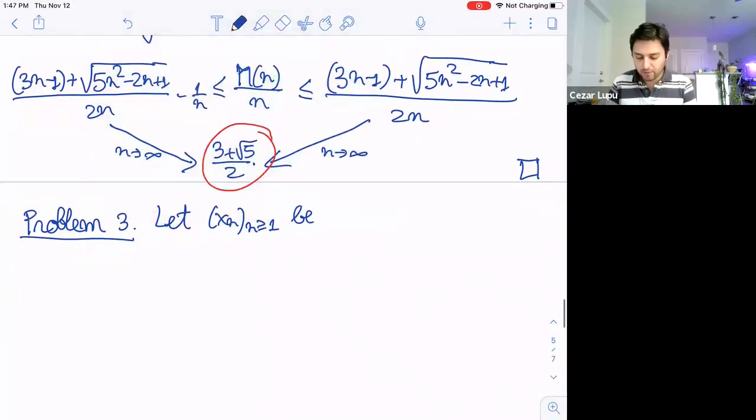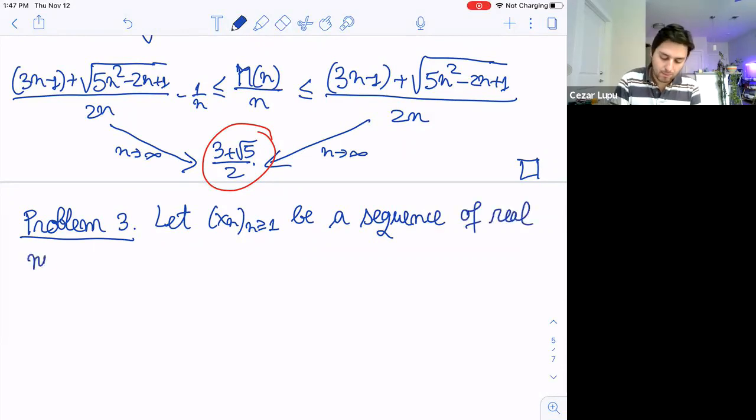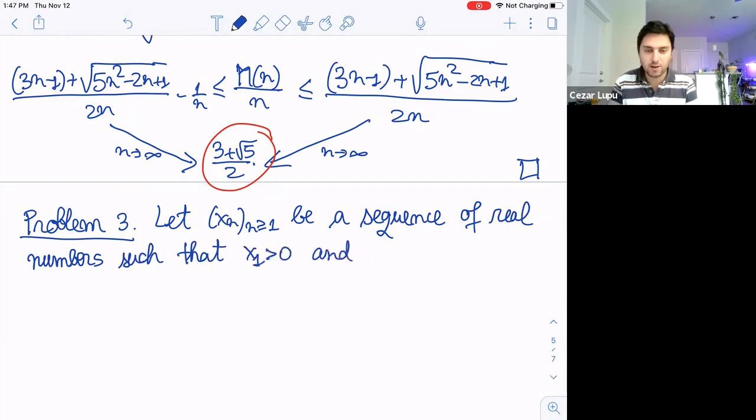Anyway, let me go back to problem 3. So this is a sequence of real numbers such that x1 is positive, and we will have a recursion here.